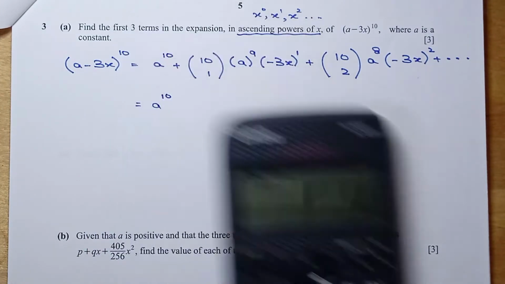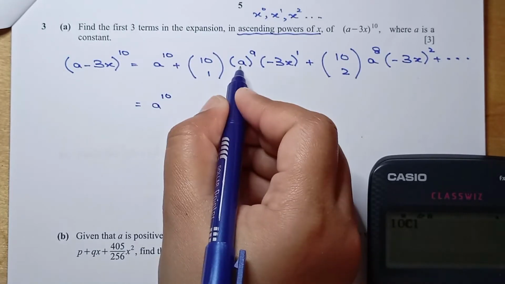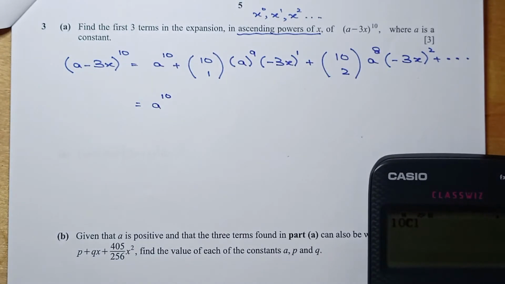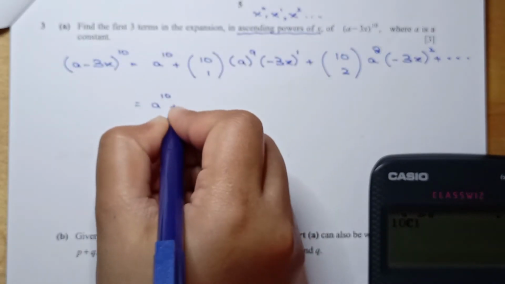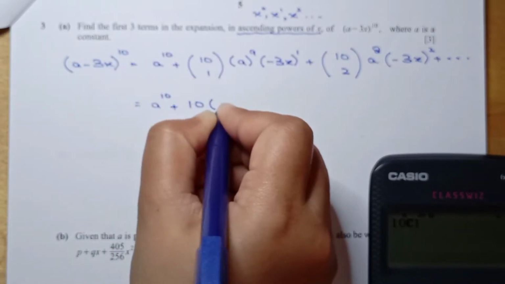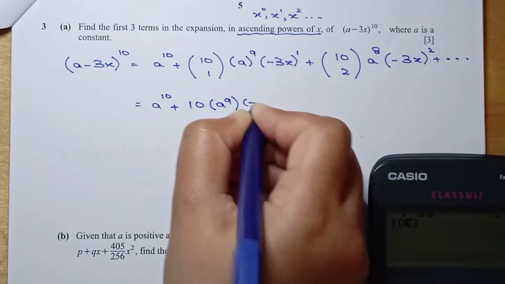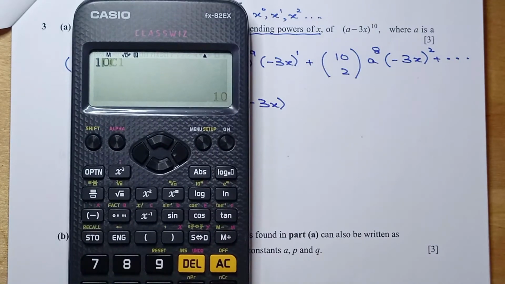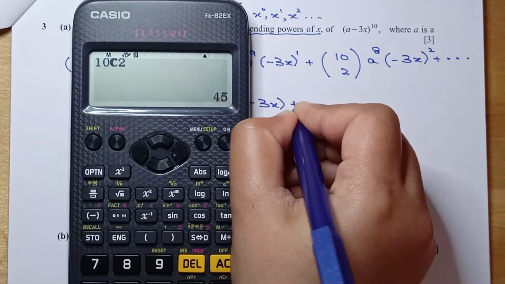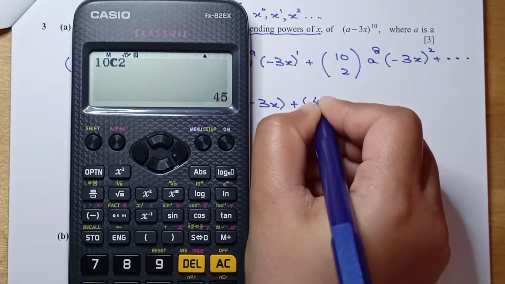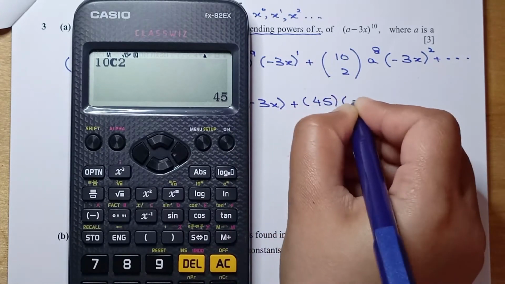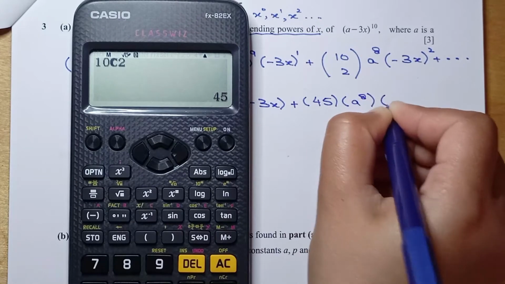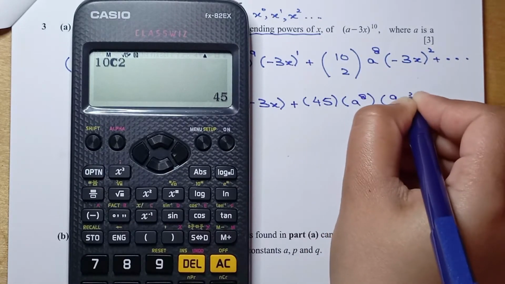10c1 is 10, and this would be minus 3. So 10 times minus 3x, this is a power 9, right? And then 10c2 is 45, plus we have 45 a power 8, 3 square is 9, and x square.